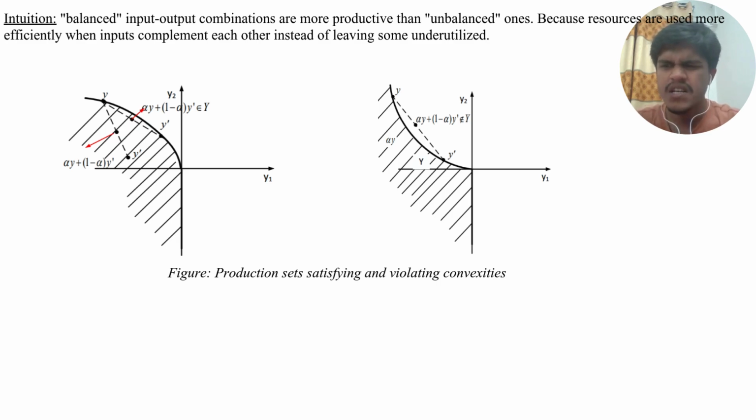On the other hand, we have the right diagram. In contrast, here the shaded region is split. If you try to combine two feasible plans that are far apart, for example on either side of the gap, the line between them runs outside the feasible region.